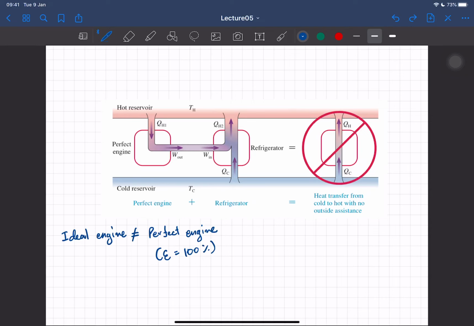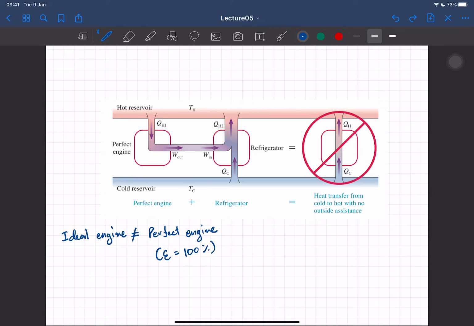That's what we call Carnot engine. That is not a 100% efficiency engine. Okay, I just want to make this point clear, because sometimes when you see a problem that says consider an ideal engine, you say, oh, ideal engine has to be 100% efficiency. That's not true. Okay, so that's a very subtle distinction here.